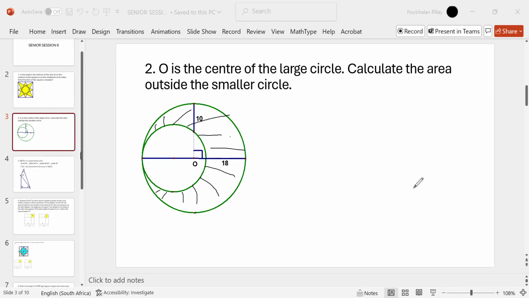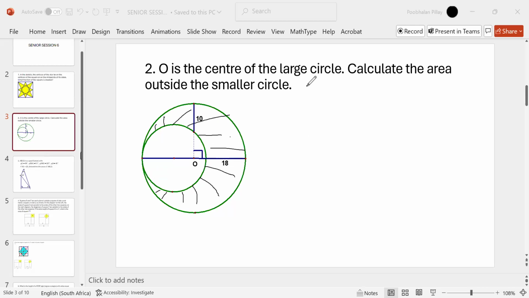We don't know the radii. If I knew the radius of the small circle and the radius of the large circle, then I can subtract these two areas, take the small area away from the large area, and you'll have exactly what I'm looking for.